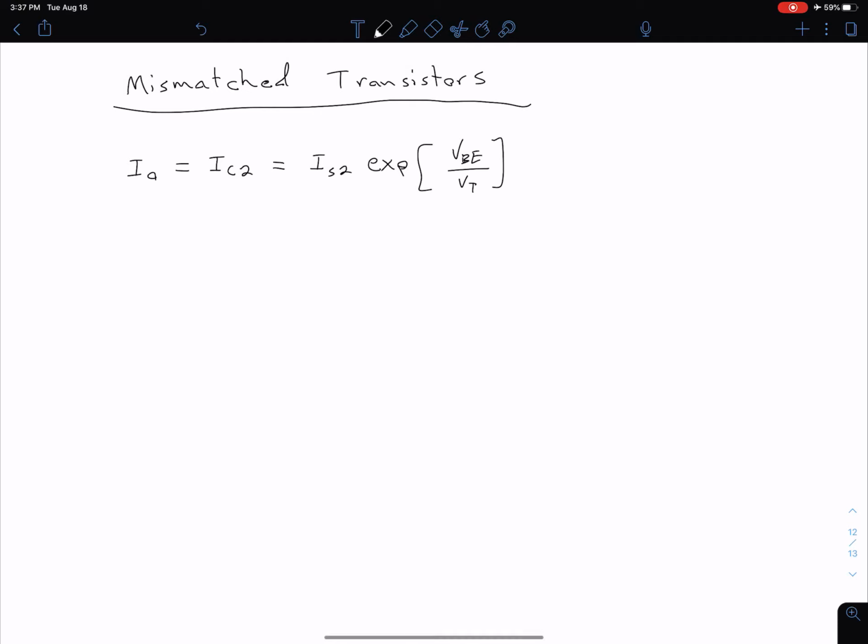As we said in a previous video, VT is our thermal voltage, which is equal to kT over q. We're not going to be too concerned with that exact value. We just need to keep in mind that it is dependent on our temperature. And IS2 is our reverse saturation current.